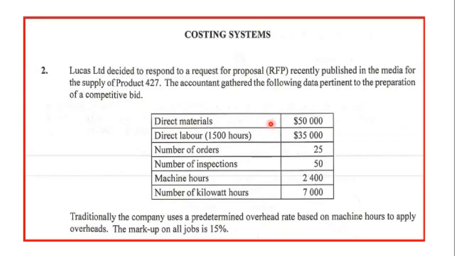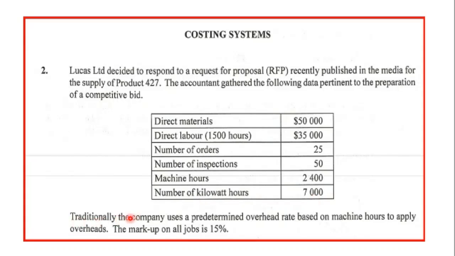Direct materials $50,000, direct labor 1,500 hours, costing $35,000. The number of orders 25, number of inspections 50, machine hours 2,400, and number of kilowatt hours 7,000.